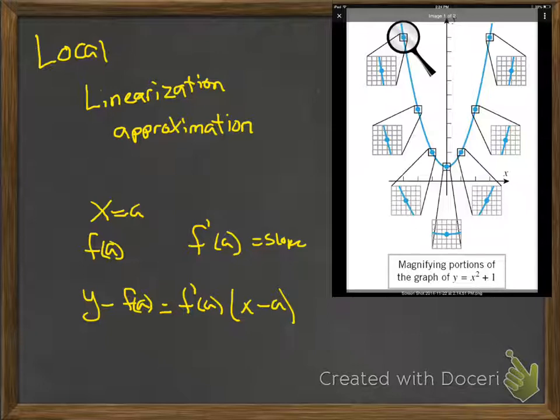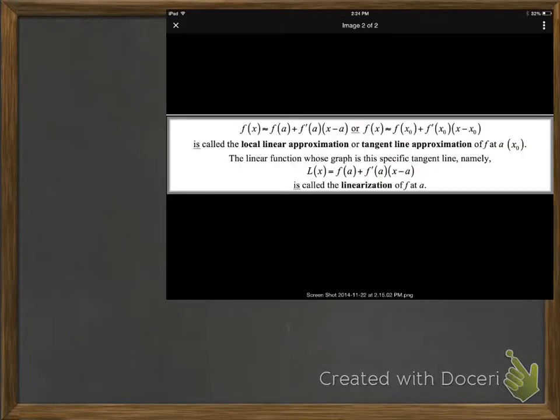Well, we use this equation in our linear approximation. This is actually our equation for linear approximation with just one thing altered. So I'm going to highlight this equation for a minute and go to the next page. And here's our linear approximation equation, and the only thing that's altered is I brought my f of a over to the other side. So instead of y, I'm going to change it to be L of x.